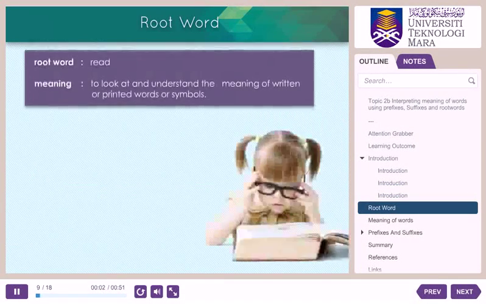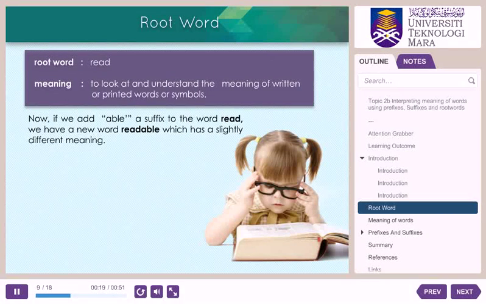Now, let's take a root word, read, for example. The meaning of read is to look at and understand the meaning of written or printed words or symbols. Now, if we add able, a suffix, to the word read, we have a new word readable, which has a slightly different meaning.